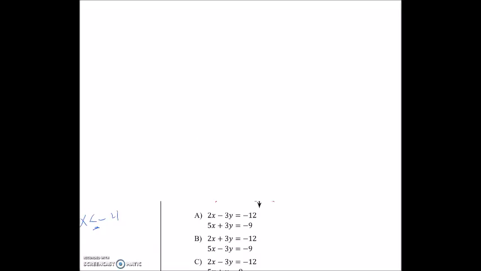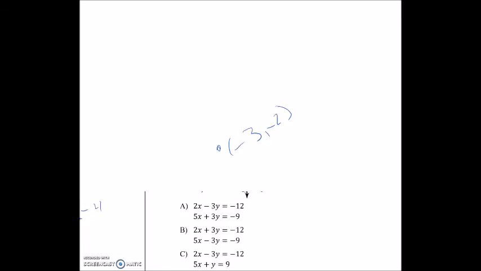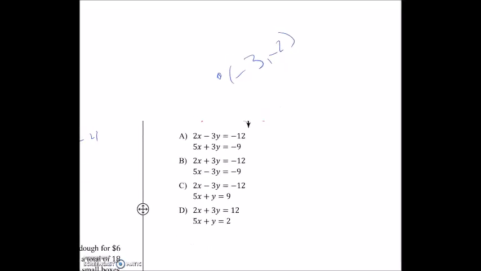The last question, for some reason it's not showing also, but when we look at the point of intersection here, it should be -3, -2. So what does that mean? That if I were to substitute that for x and y, we see which one is true. So for example, 2 times -3 minus 3 times -2, that should equal -12.